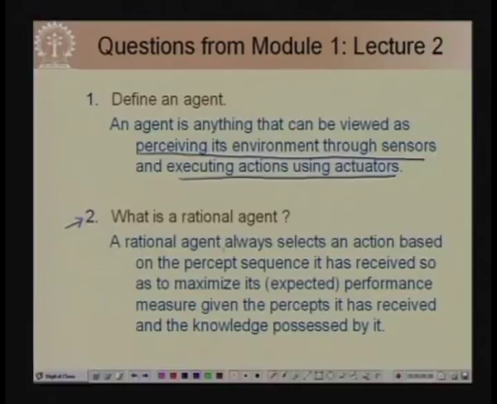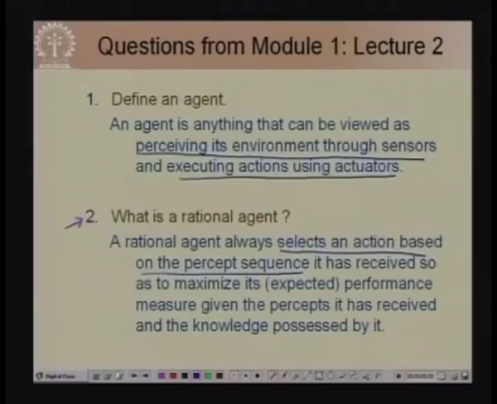A rational agent is one who selects an action based on the percept sequence that it has received so far, so as to maximize the expected performance measure given the percepts it has received and the knowledge possessed by it. So, within the bounds of what the agent knows and what are the percepts that it can receive, the agent should behave so as to maximize its expected performance measure.